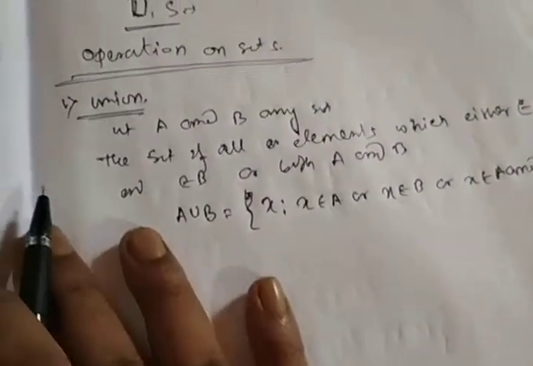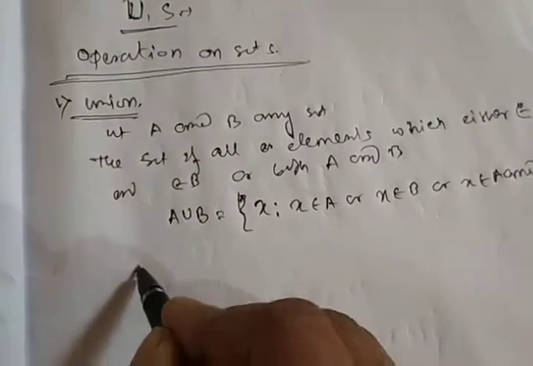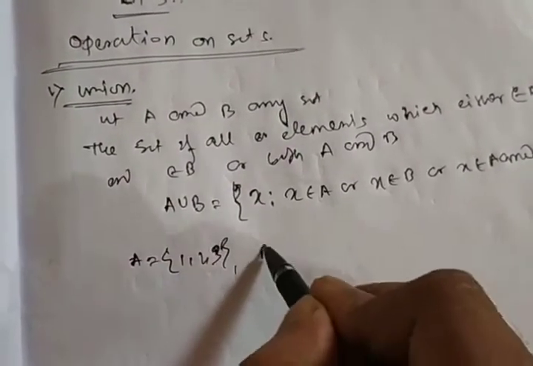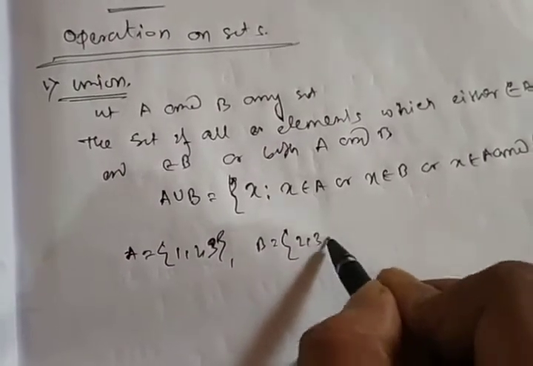As an example, let A equal {1, 2, 3} and B equal {2, 3, 4}.